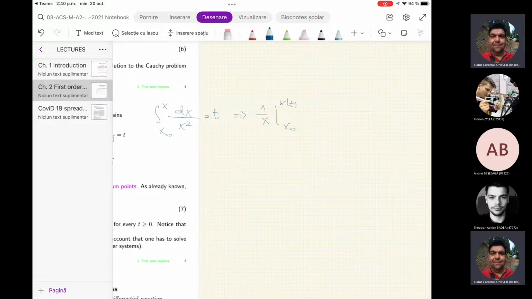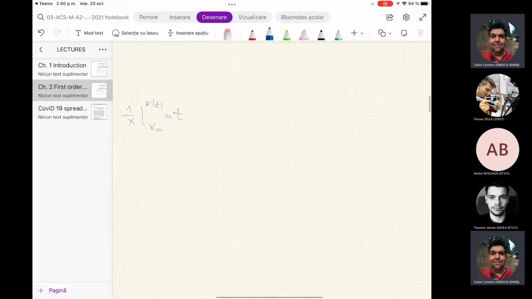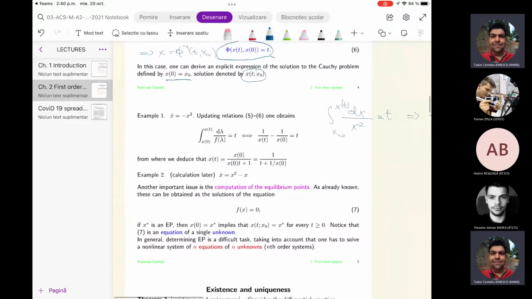Okay, you can write it like this. And this is time t. So this is equivalent to 1 over xt minus 1 over x0 equals time t, and so on. Okay, you can do the computation. And here, if you remember last time, we could emphasize very easily the finite escape time given by the value of the initial condition.